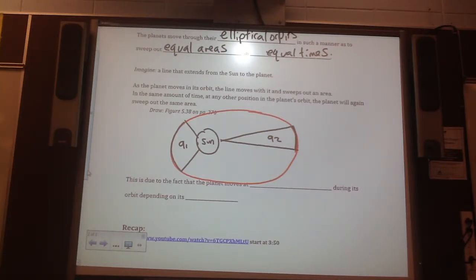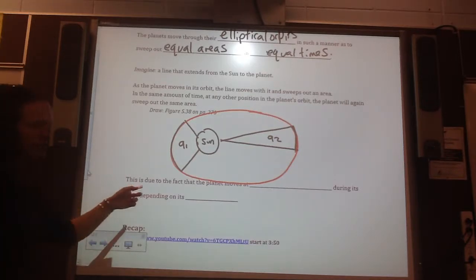Well, how can that be possible? What would the planet need to do in order to cover that same area in the same amount of time? So what did you say? Speed up, yeah. So the planets will have a different speed depending on where they are on their elliptical orbit.